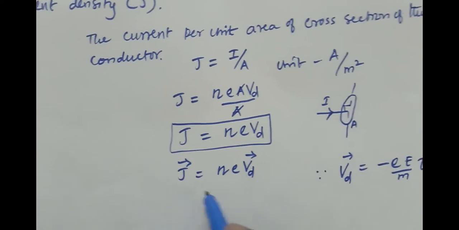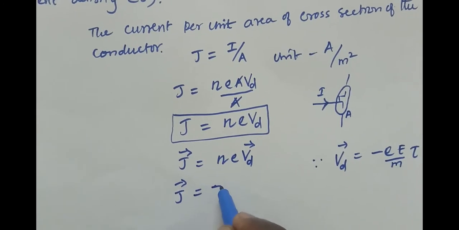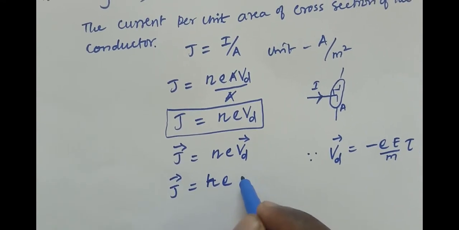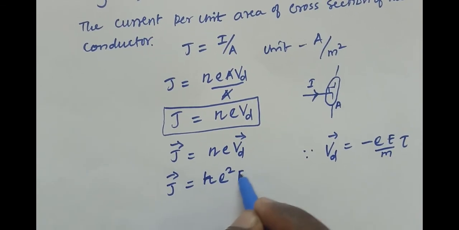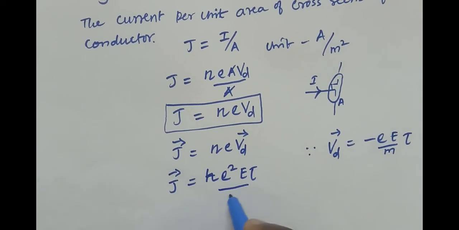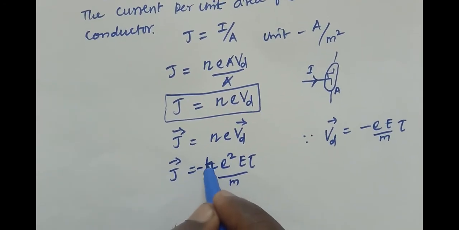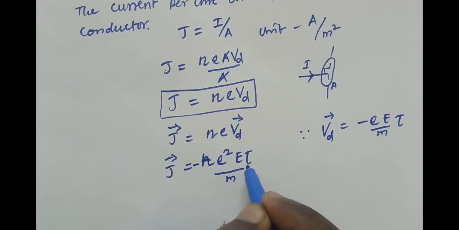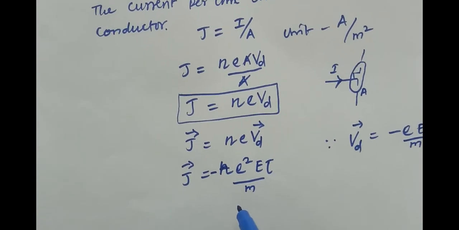Now substitute here. J vector is equal to n e into e E tau divided by m. With the negative sign, minus n e square E tau divided by m. Are you clear, children? Okay.